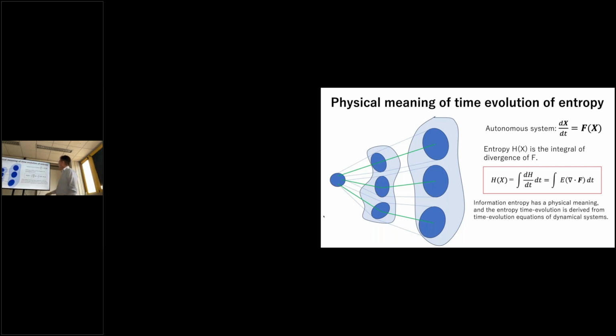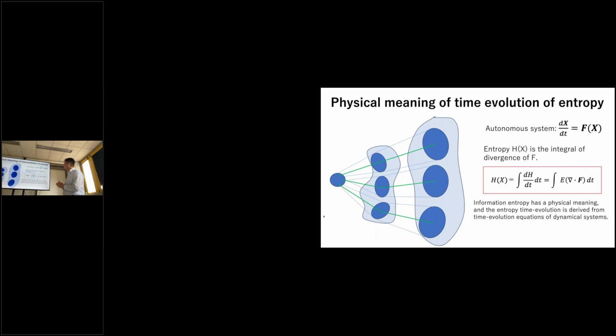After some mathematics, we can get that the entropy of x is the integral of the divergence of f. This is a very natural way to describe the uncertainty of the prediction.